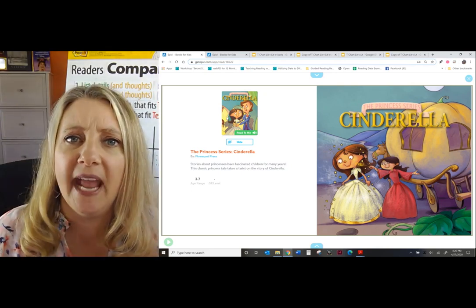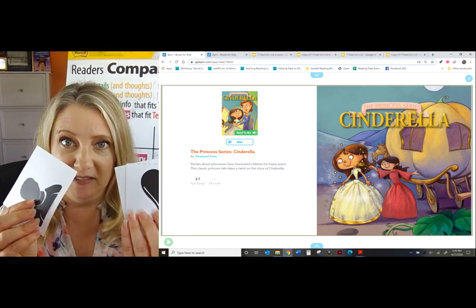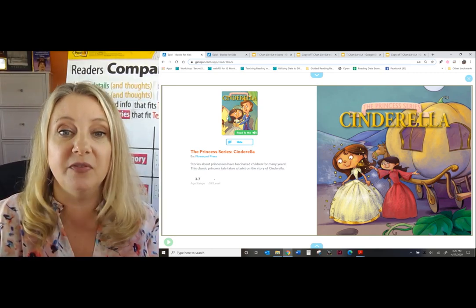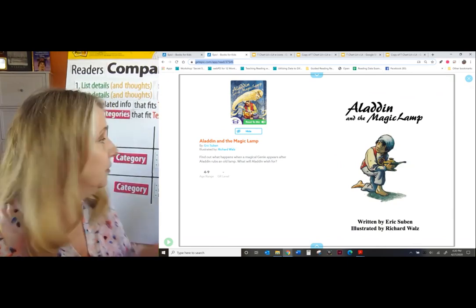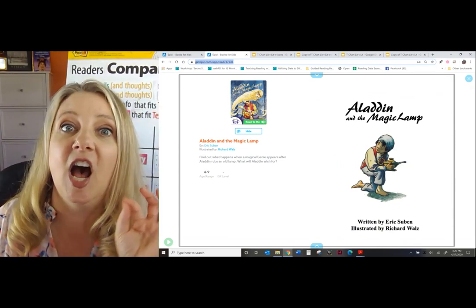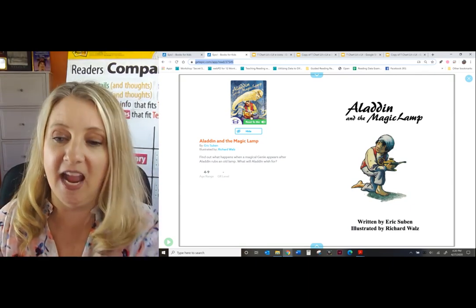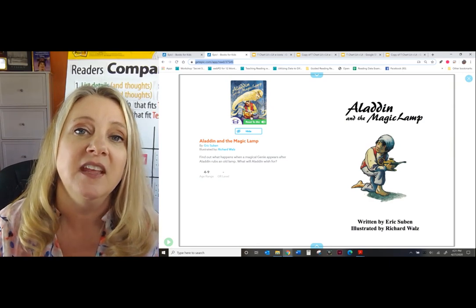And how do you know what categories they go in? It's by the story elements. That's right, the story elements. Then you're going to read or reread or listen to text B, and you're going to list all the details and thoughts about text B. Okay, and remember, you're going to collect all the story elements. That's right.